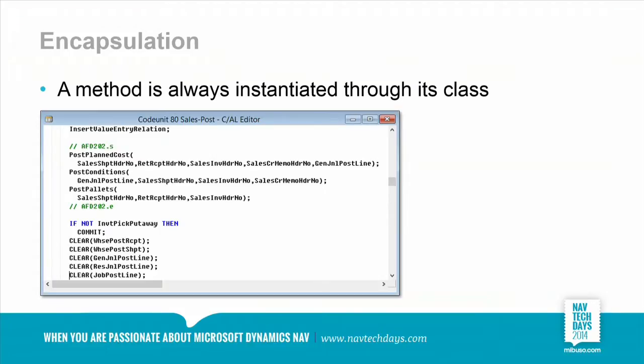They're in a with statement here, so that we don't even need to write sales header dot post plan cost, and that actually saves you from declaring any variables in this code unit 80. You don't need to declare variables because the method is already declared on the agent, which is in the with statement anyway. So as soon as you think you need to declare a code unit variable, there's something wrong in the code.